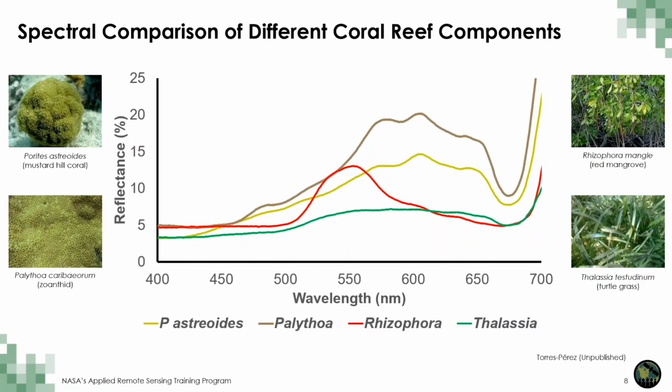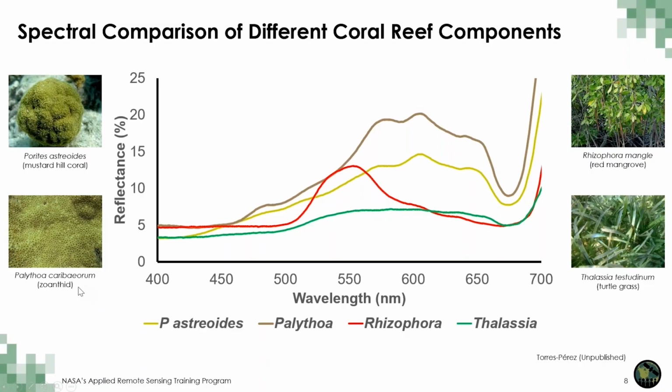Now let's take a look at how in situ data collected with a handheld spectroradiometer, in this case a GER 1500 that has 512 spectral bands with a nominal bandwidth of approximately 1.5 nanometers, shows differences in the visible spectrum between four typical coral reef components, in this case of the Caribbean. For example, we have Porites astreoides, which is a mustard-hill coral, Palythoa caribaeorum, a zoanthid, an organism which is also a relative of corals.